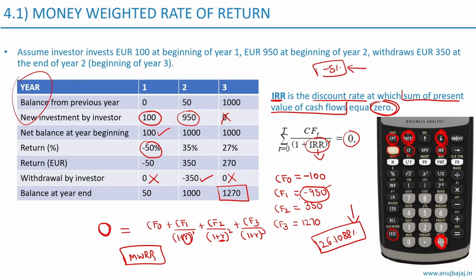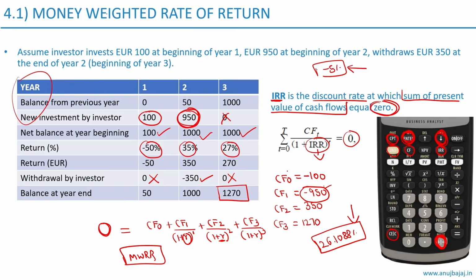But when the portfolio performed well in the second and third year, there was a higher sum invested in the portfolio. The investor had invested an additional 950 euros at the beginning of year 2. So this 35% was earned on a higher sum, which led to a higher rate of return.